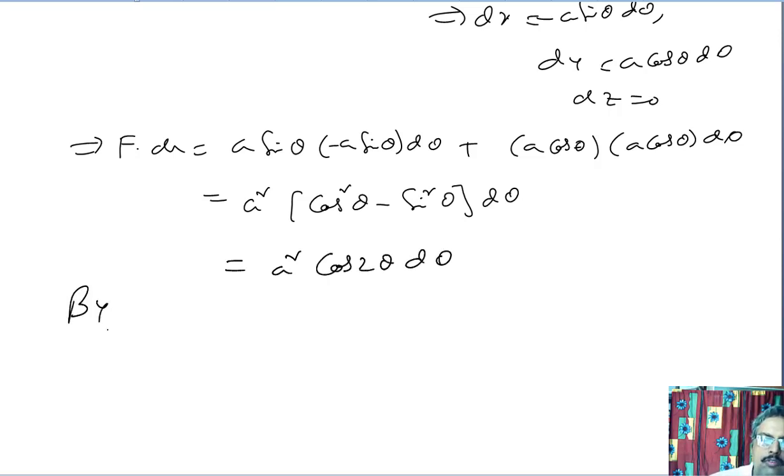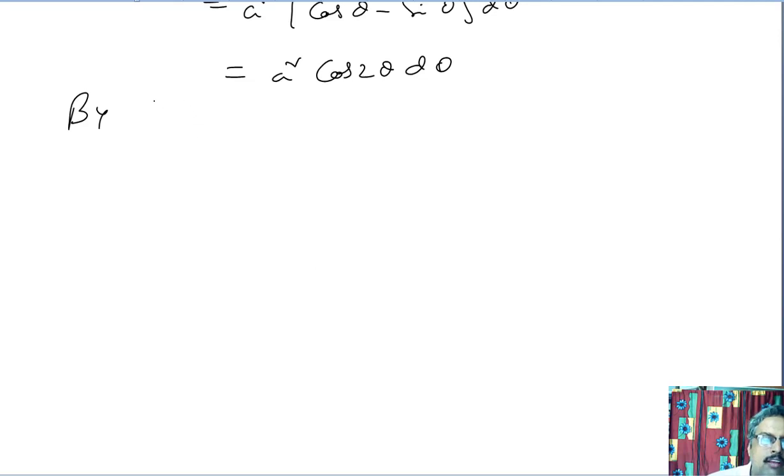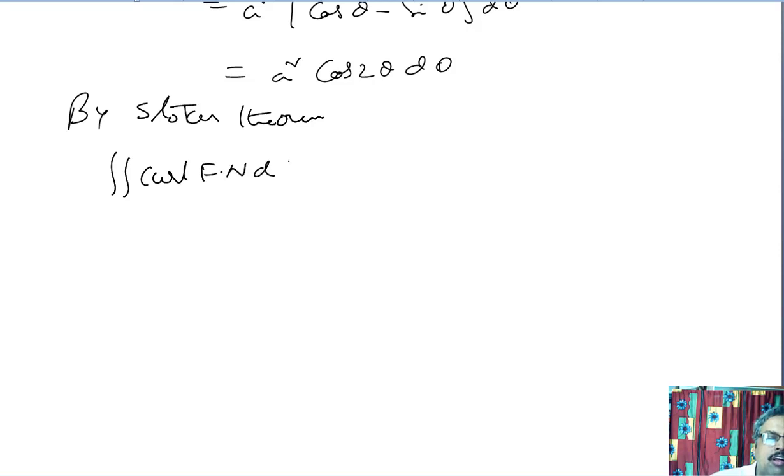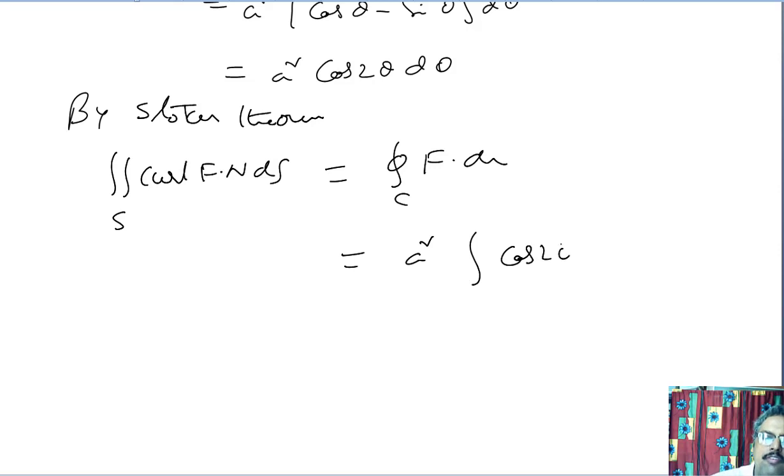By Stokes theorem, the double integral of curl f dot n ds equals the integral of f dot dr over the closed curve C. Here a square into f dot dr equals cos 2 theta d theta, theta from 0 to 2 pi.